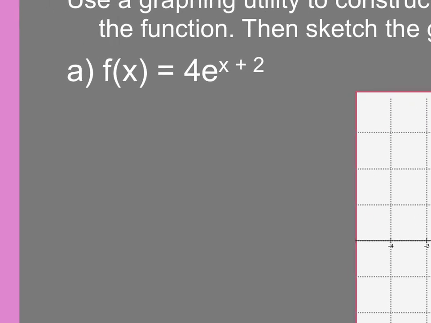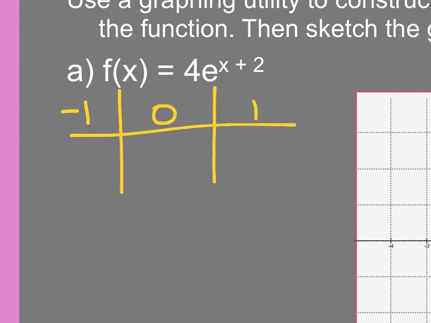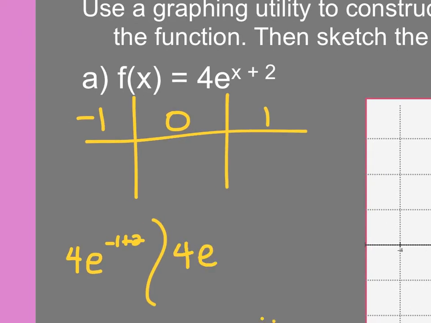I'm going to start with -1, 0, and 1, just like we normally do, and I'm going to plug them each in. So 4e^(-1) + 2, 4e^0 + 2, and 4e^1 + 2. And you can literally type it in like that, or you can simplify first. It's totally up to you.